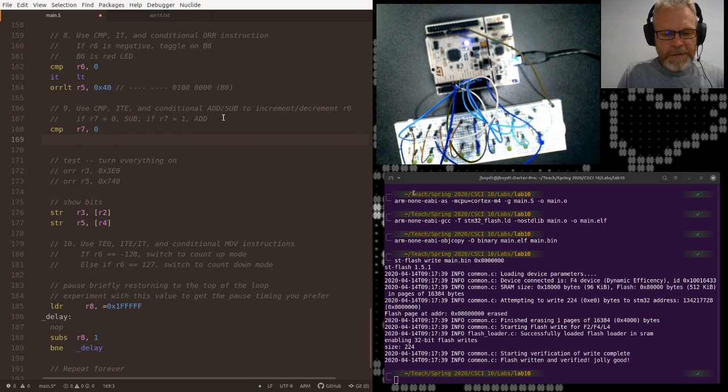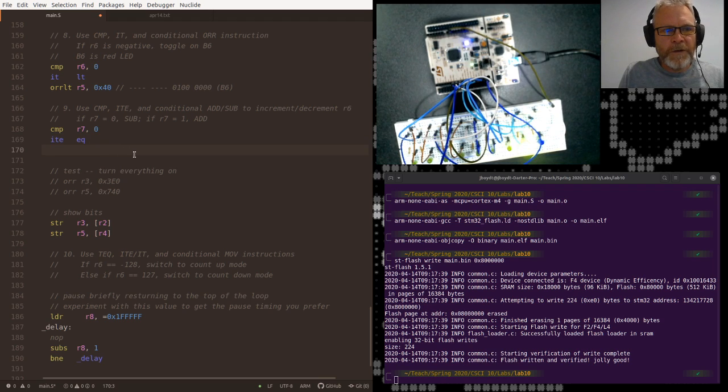All right, so we're going to do something slightly different here because instead of just an if-then, we're going to use an if-else. So if-then-else. And the way you set these up is the condition that you're looking for. So in this case, if R7 equals 0, I'm going to do one thing, which is subtract 1 from R6.